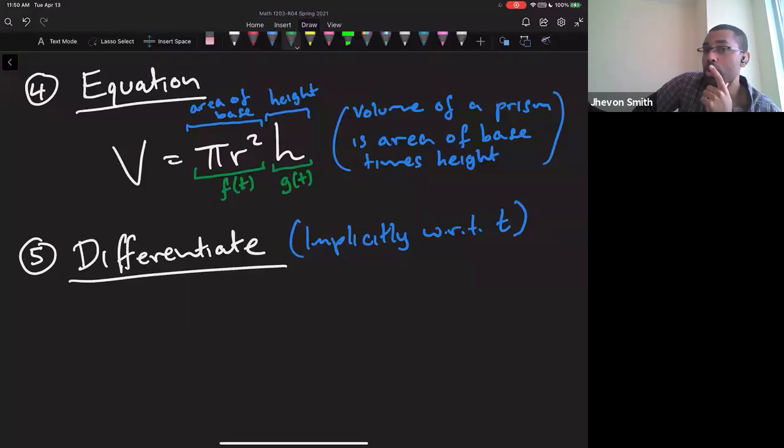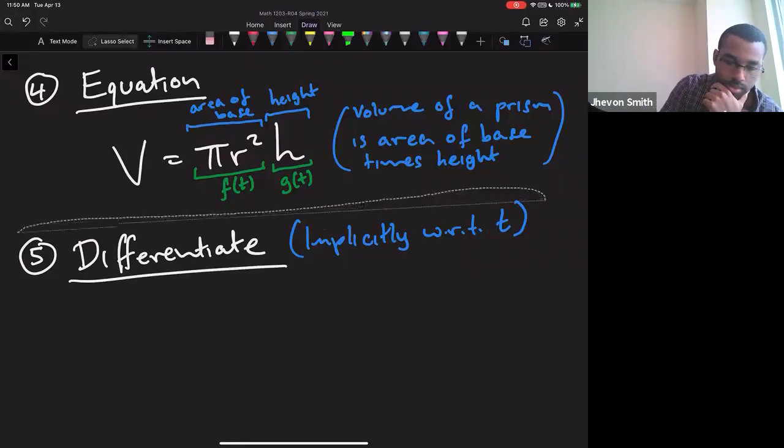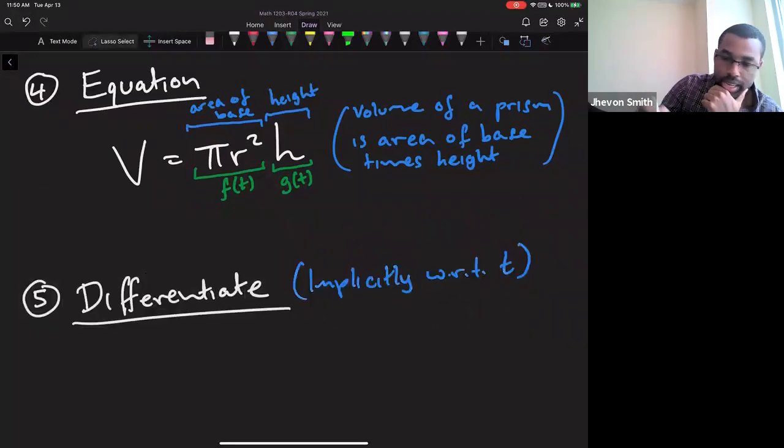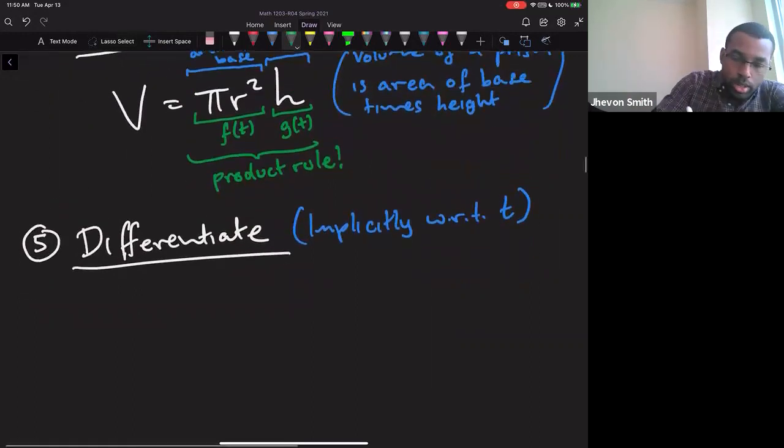Okay, so now that I told you that, can you finish up? Like you would do product rule then? You do the product rule. Exactly. So here you would need the product rule. So that should tell you what you should do with the h.